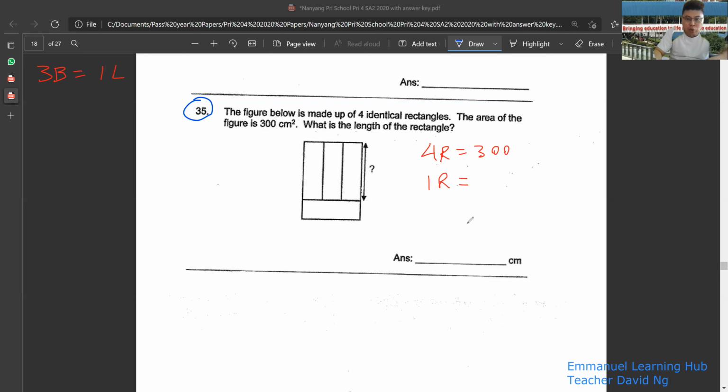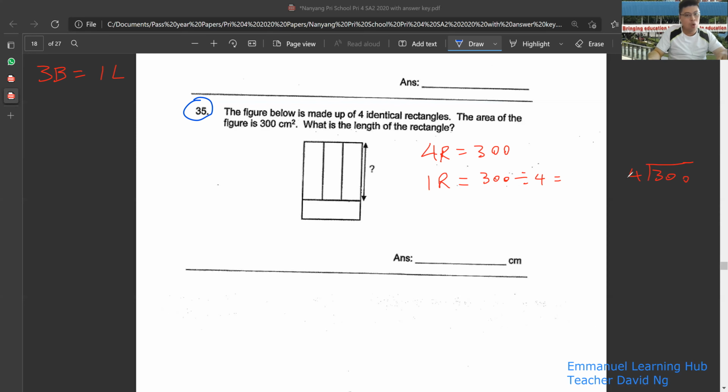So 1 rectangle is equal to 300 divided by 4. Yes, 300 divided by 4. Very good. That is equal to how many?